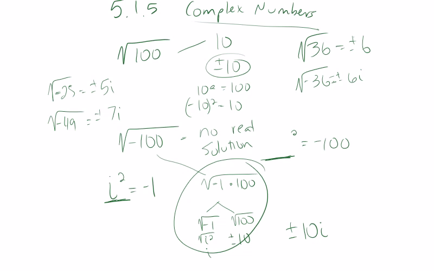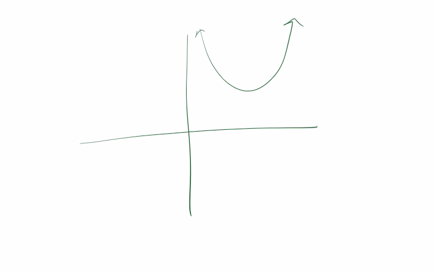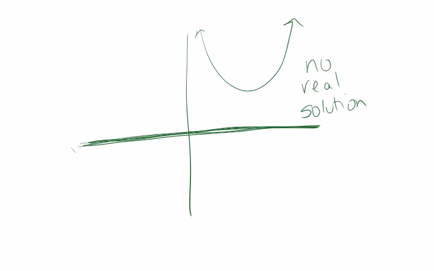Now, how does this have anything to do with quadratics? Well, when I have a quadratic equation that looked like this, does that touch the x-intercepts or the x-axis? No. So does it look like it has any x-intercepts? No. So we would say no real solution. But guess what, guys? It still has a complex solution.